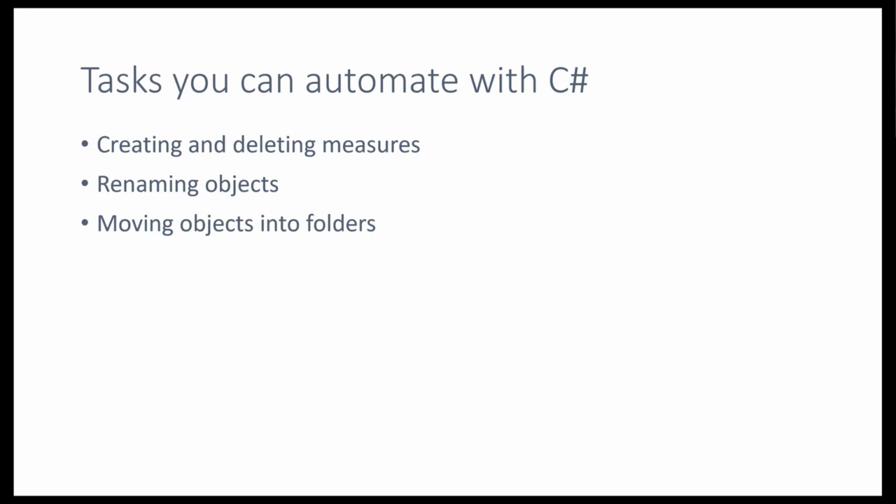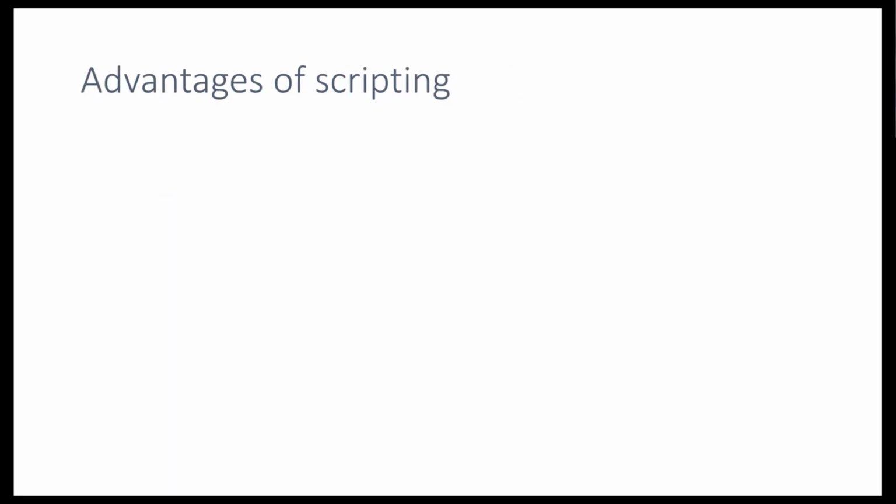So set the percent format or currency or whatever you want. Why should you do that with C# if you can also do it manually? Because with C# scripting, you can walk through a bunch of objects in seconds. You don't have to click every single one of the measures and change it. You can just go there and work through 20, 30 measures at once.